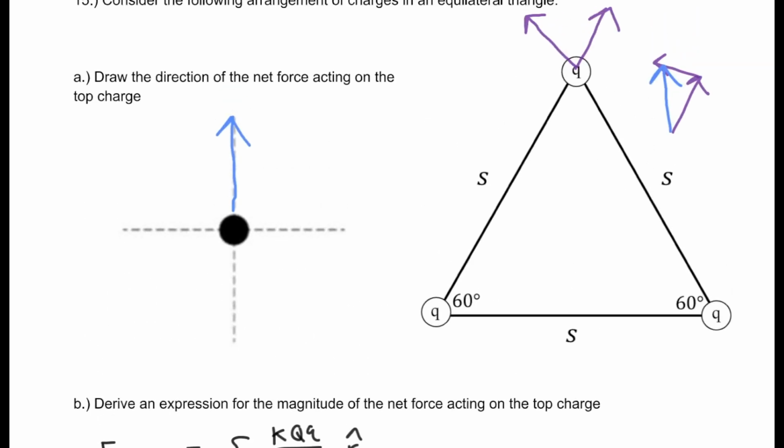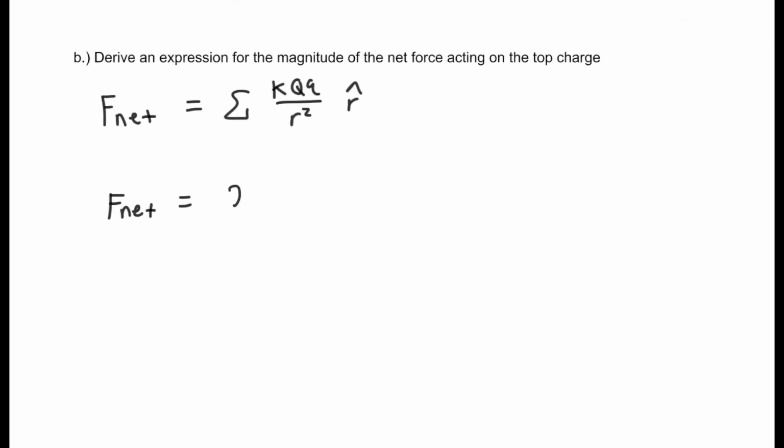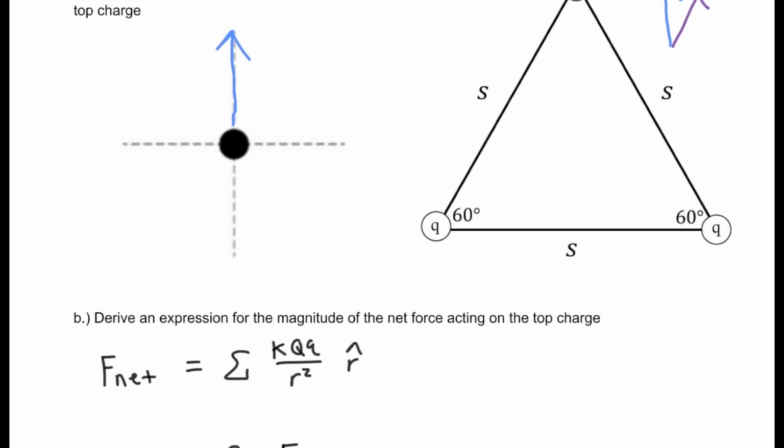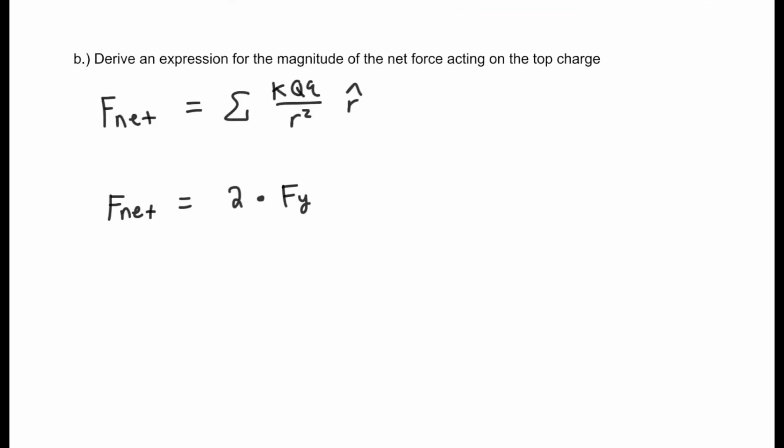We actually just want the y component. So I just want 2 times the y component from one charge pair, because we have just the two y components adding together. There's my y components, and my x components actually cancel. I'd get a left force and a right force, but I'd get two up forces. So my net force will just be 2 times an upward force.